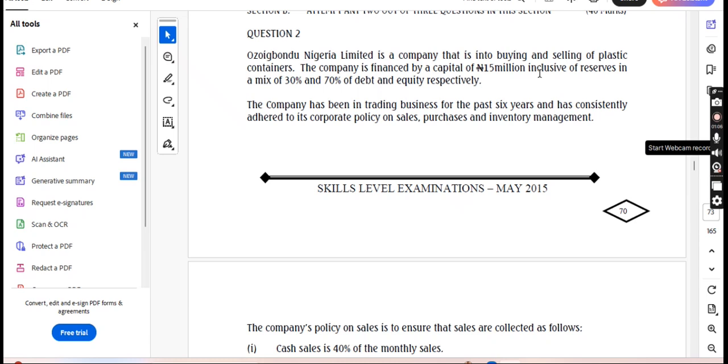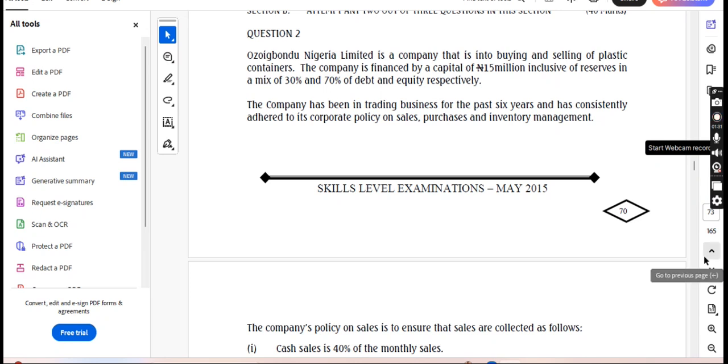It means that 30% of 15 million will be financed by debt, and 70% of 15 million will be financed by equity, respectively.